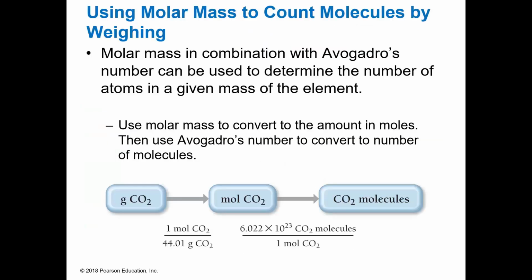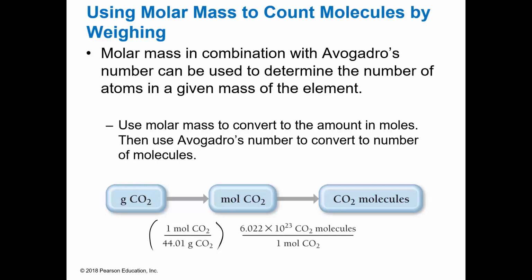And then if we do molar masses, we have, for example, using the molar mass to count molecules by weighing. Okay, so again, we scale this up so we can actually figure something out on the balance and not just weigh out 0.00000 and 26 different little zeros here. Okay, so carbon is 12, oxygen is 2, so we get a molar mass of 44.01 grams per mole. They set that up here as a conversion factor.